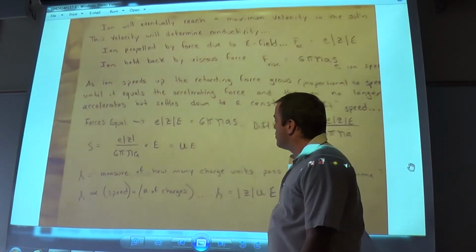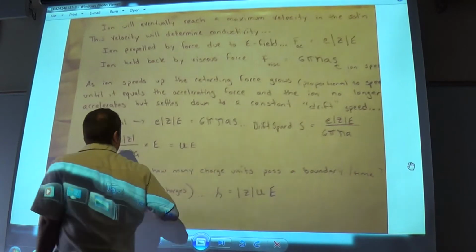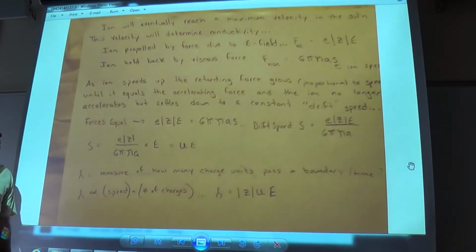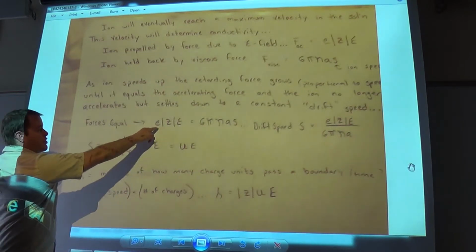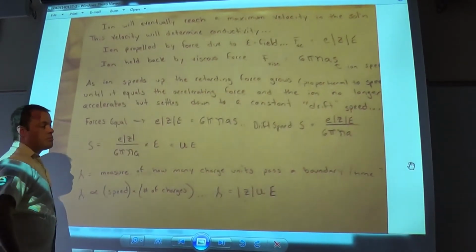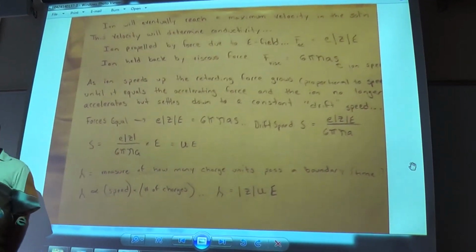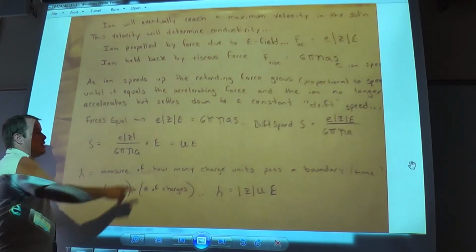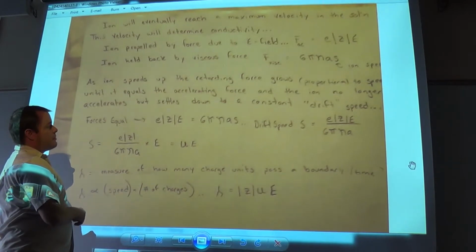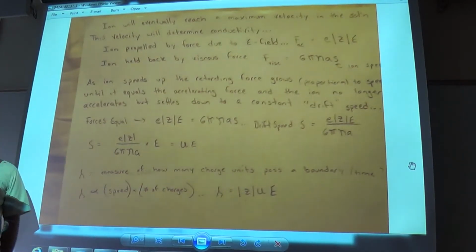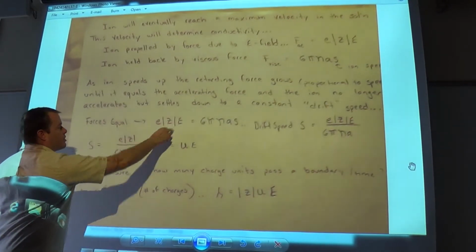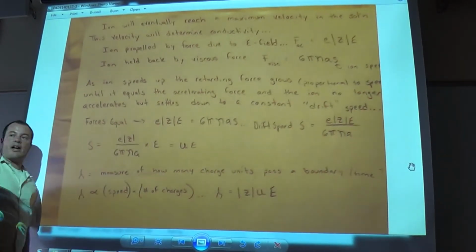So we set these forces equal to each other. The force that pulls the ion towards the plate is a function of the charge of the ion, right? We just said that, the larger the charge, the larger the force. e is the electronic charge, so it's a charge on one electron, the number of coulombs in one electron, the little e, and the big E is the magnitude of the field.